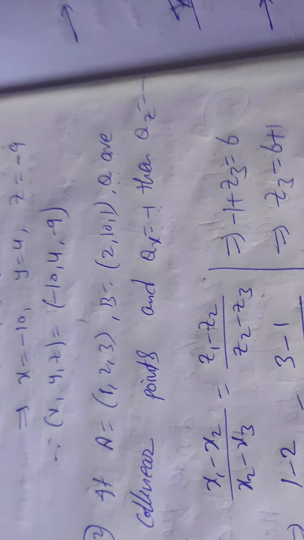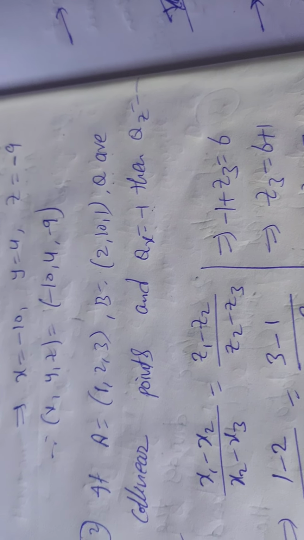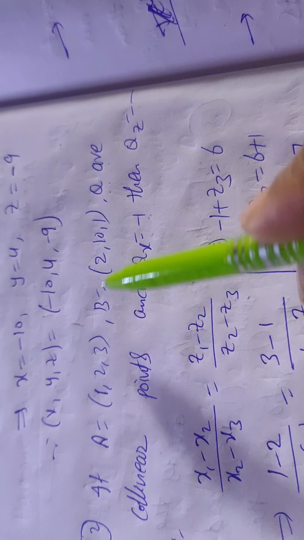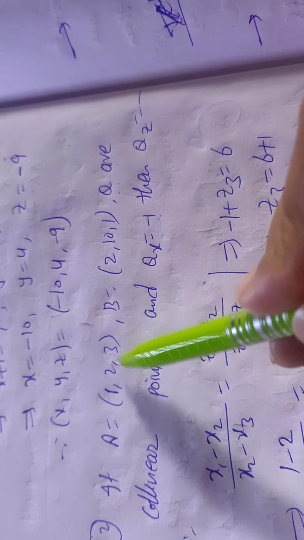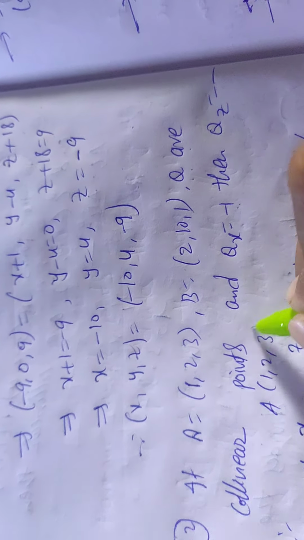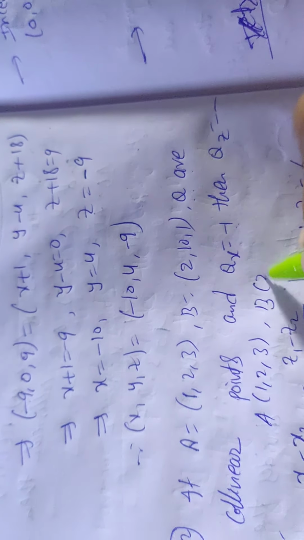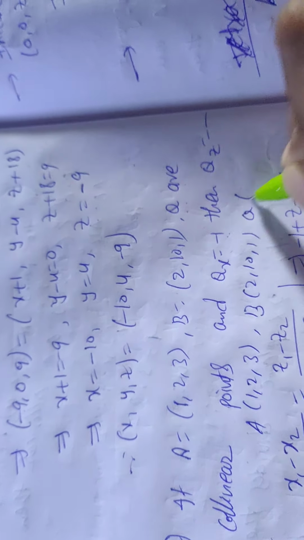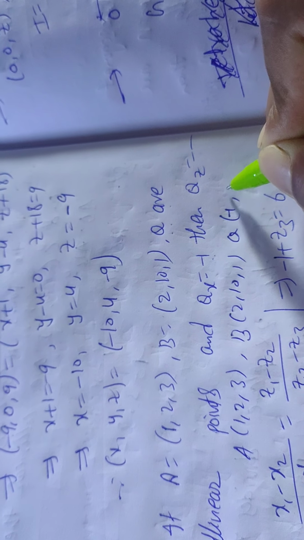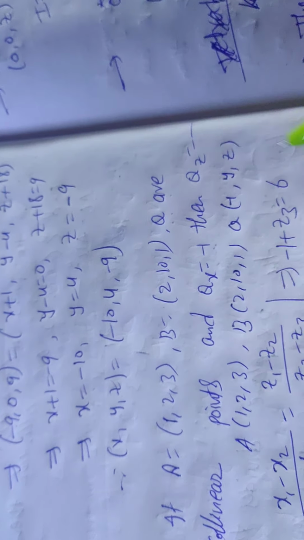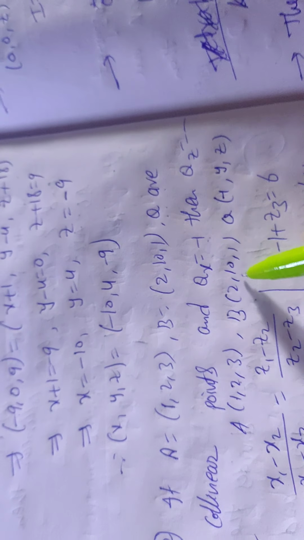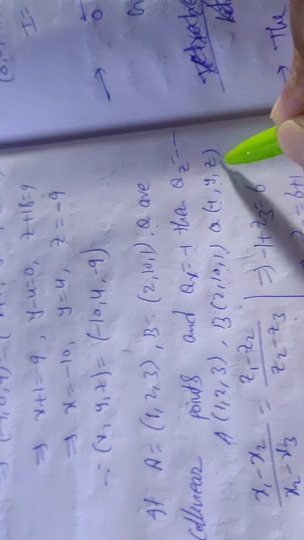They are asking to find the z coordinate. I am writing here A (1, 2, 3), B (2, 3, 1), Q, where the x coordinate is minus 1, the y coordinate we don't know, and the z coordinate we also don't know. So let us consider these as (x1, y1, z1), (x2, y2, z2), (x3, y3, z3).